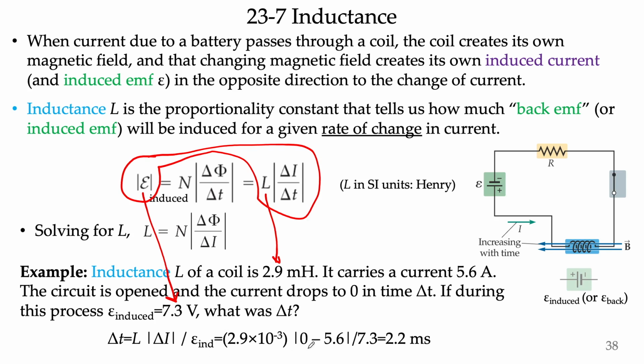The current initially is 5.6, and finally it's 0. It doesn't matter which way you write it because there's an absolute value here. If you solve this equation for delta t, you find delta t to be 2.2 milliseconds. So the inductor, the coil, makes the current take some time to go to zero.